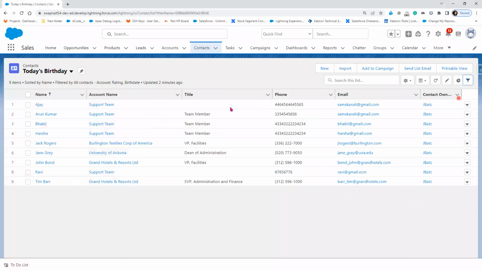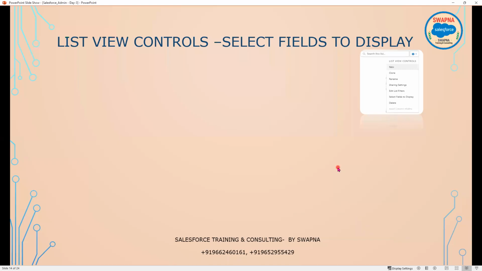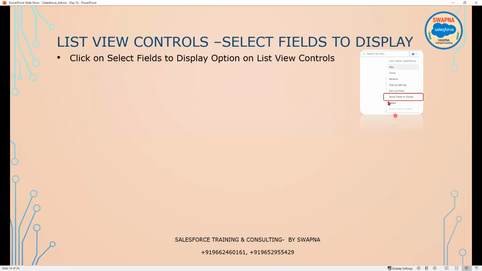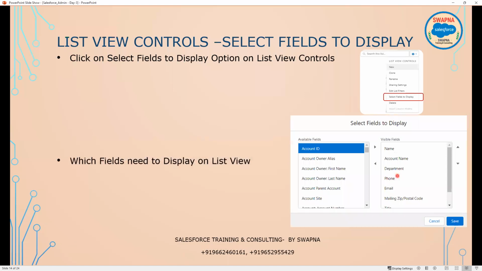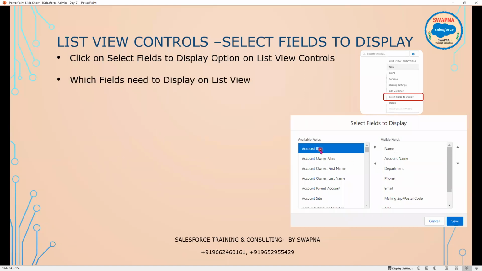It is displaying title, phone, email, contact owner. I do not want these fields to be displayed here. So in that case, we can select the option called select fields to display. When we click on select fields to display, we choose which fields we wanted to display on the list view.